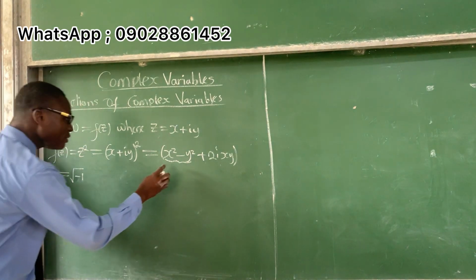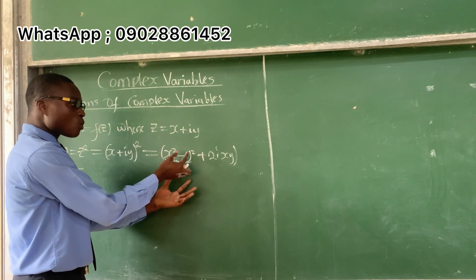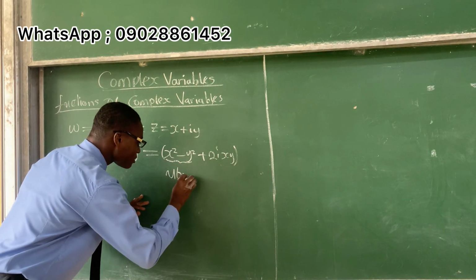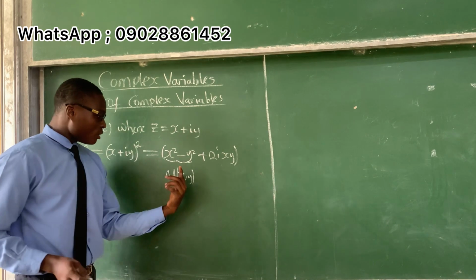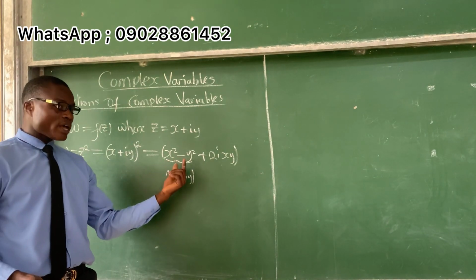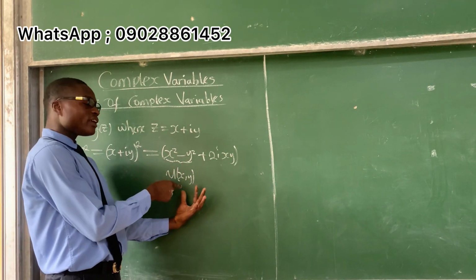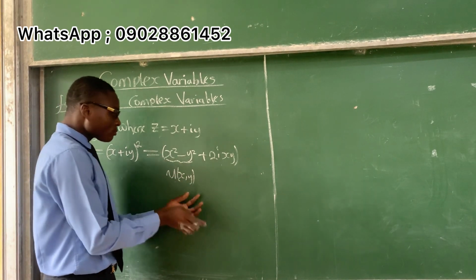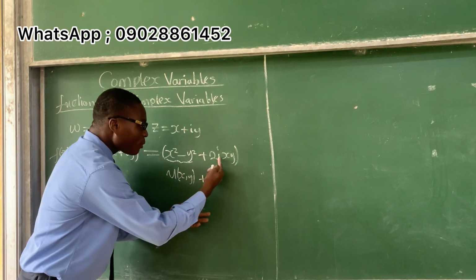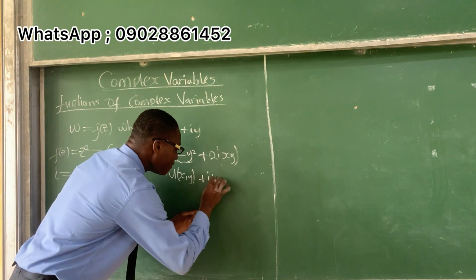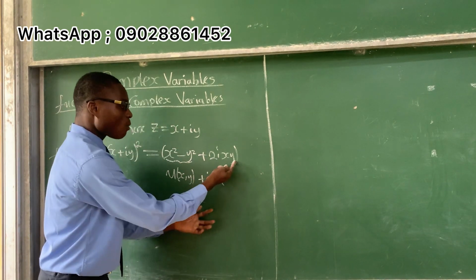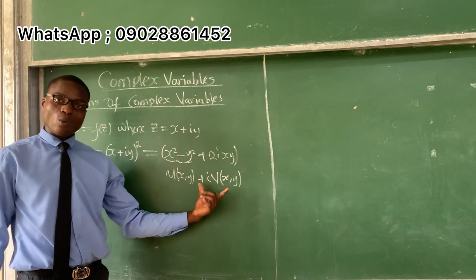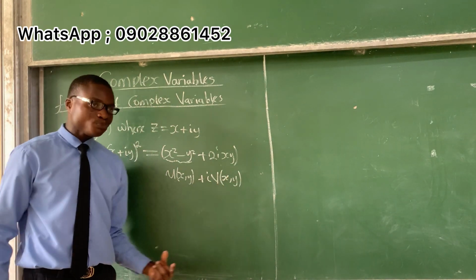Suppose we define x squared minus y squared, the real part, as u of x and y, because it is a function of x and y. It contains both x and y as the variable. Plus, I'm going to bring out iv of x and y, because it also contains x and y as the variable there.